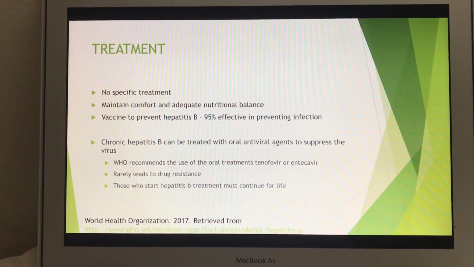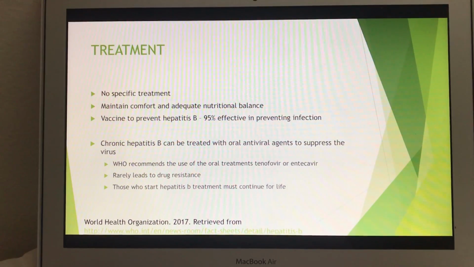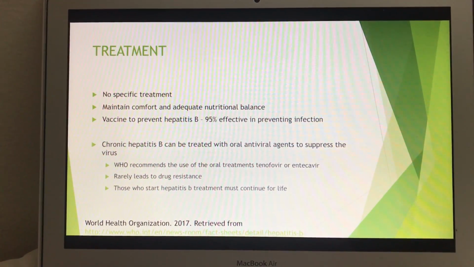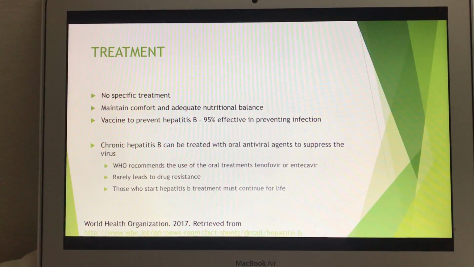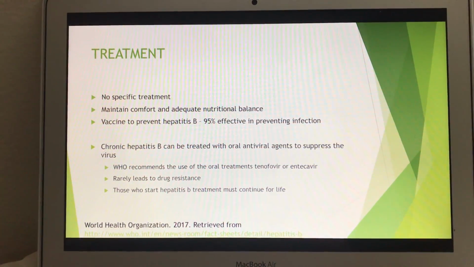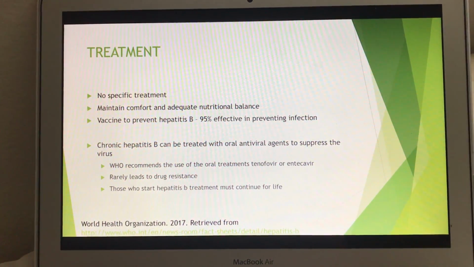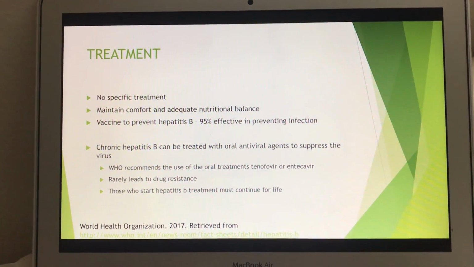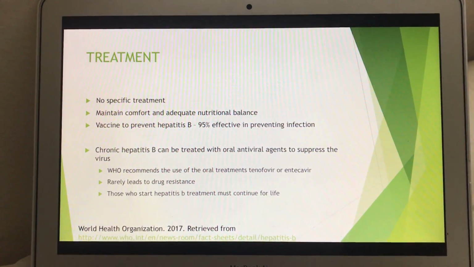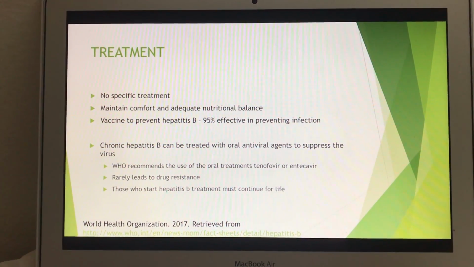Chronic hepatitis B can be treated with oral antiviral agents to suppress the virus. The World Health Organization recommends the use of oral treatments tenofovir and entecavir because they rarely lead to drug resistance. And those who start hepatitis B treatment must continue for life.